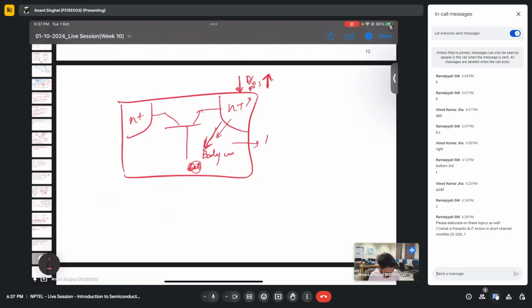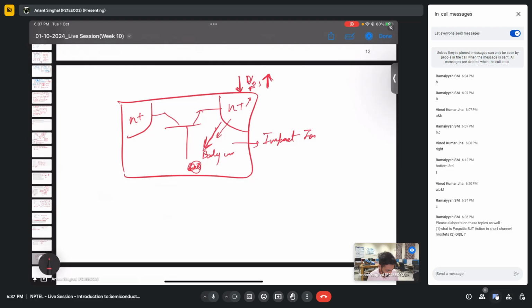So we have a phenomenon known as impact ionization. I can explain it if you want a very deep understanding. Due to this increase in body current, we have an increase in body voltage, which triggers the source current. On increasing this body voltage, we have a very huge source current. That is what is basically BJT action. The source is acting as an emitter, the drain is the collector, and this is the base.